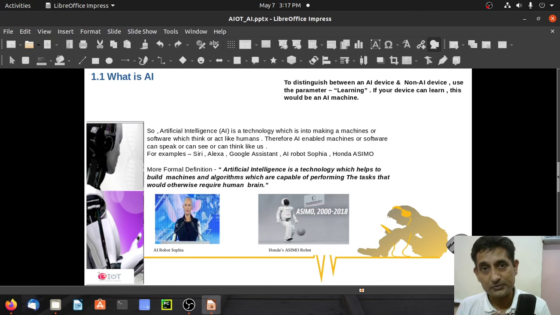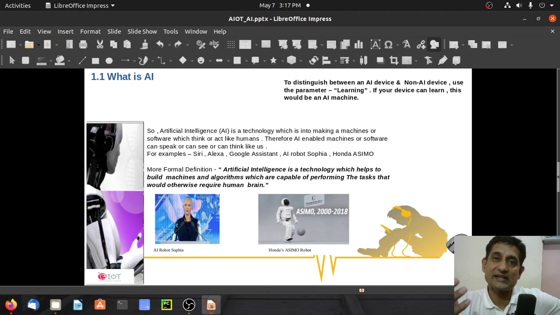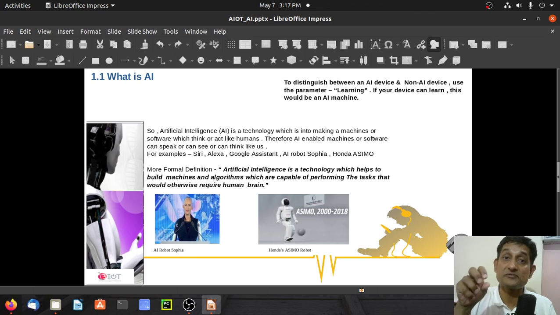All right. So there is a very key element here: because it's intelligence, and intelligence is basically learning, right? The way you learn is basically intelligence. Similarly, the AI machine also learns from experience.